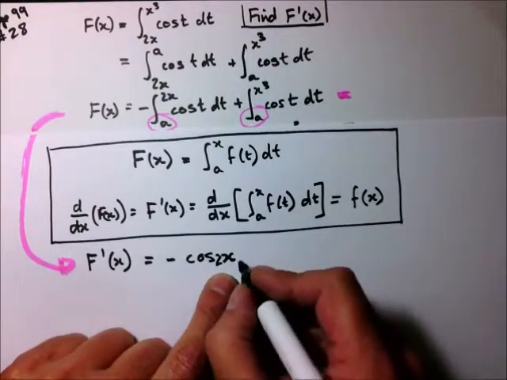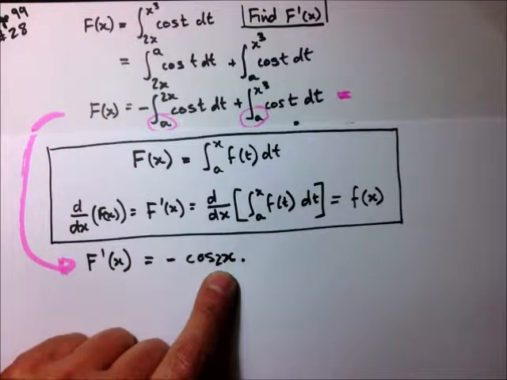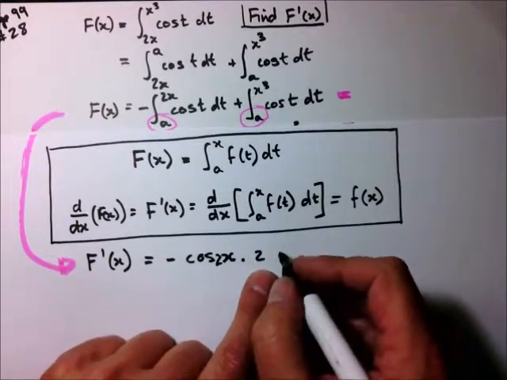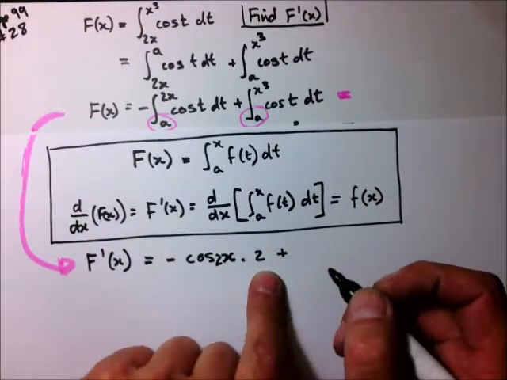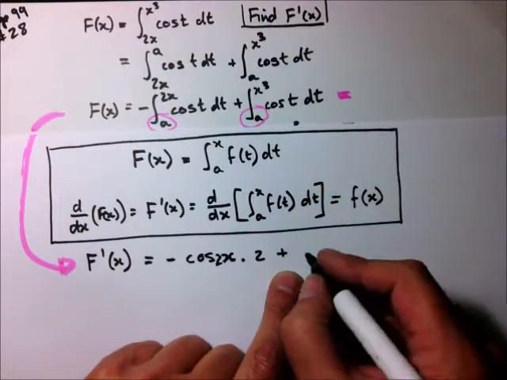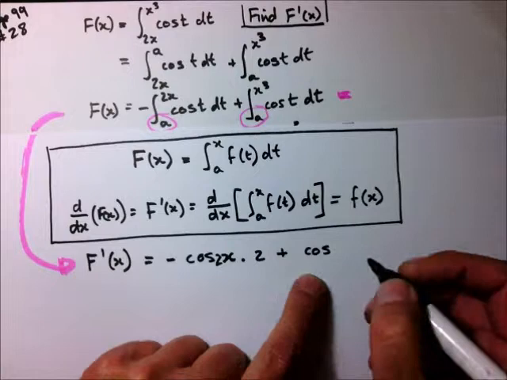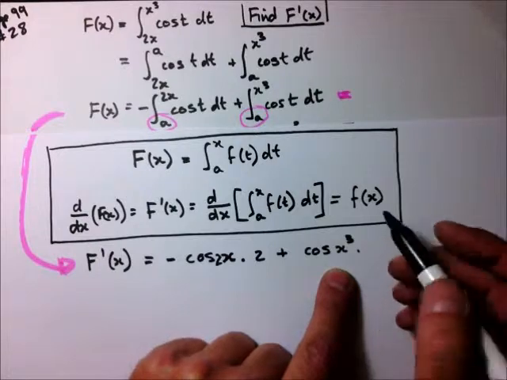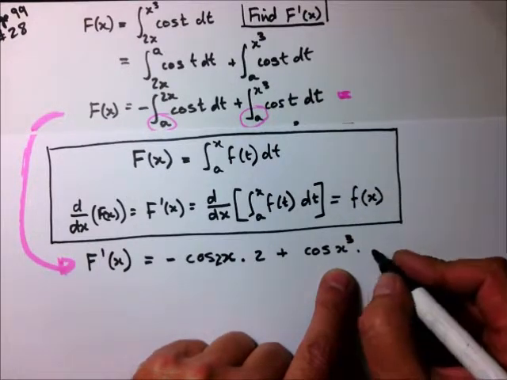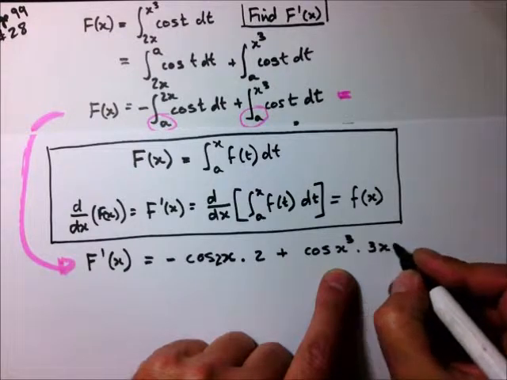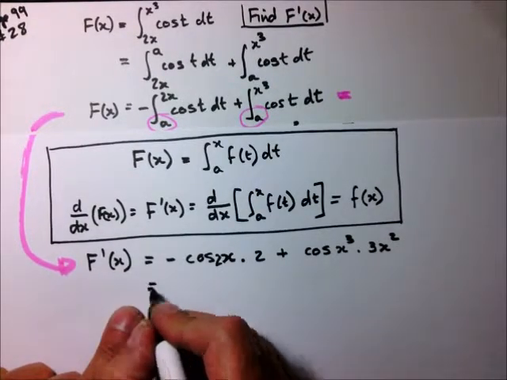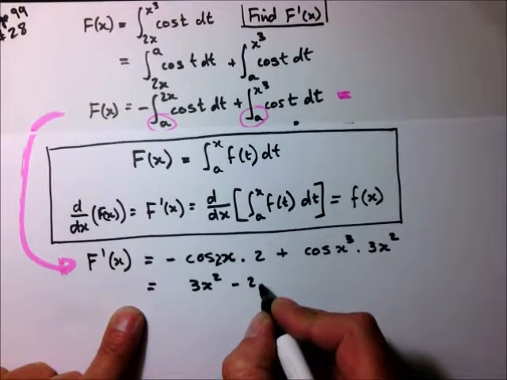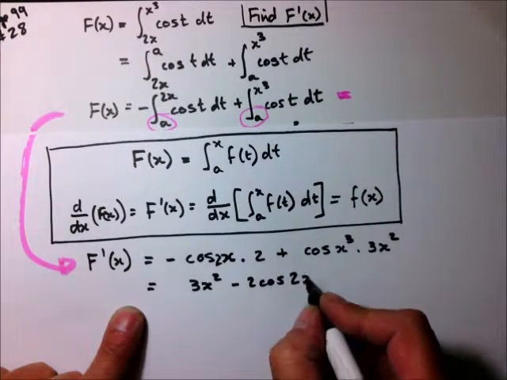And then we need to add the derivative of the 2x, which is 2, and then we add the second integral, which is the cos of x cubed, and we need to multiply that by the derivative of x cubed, which is 3x squared.